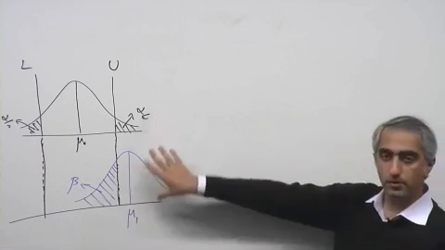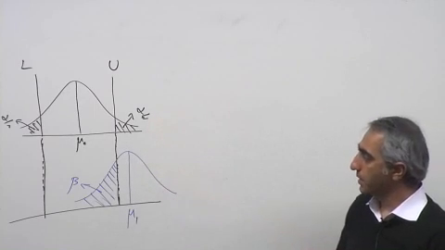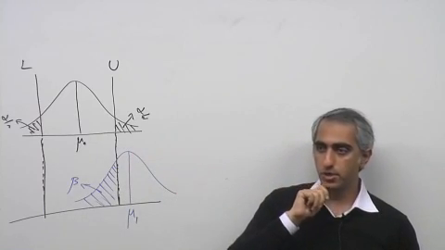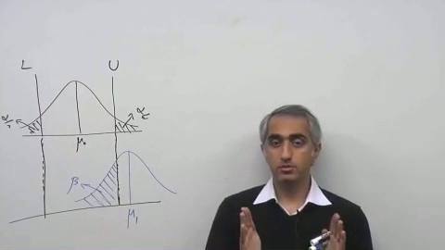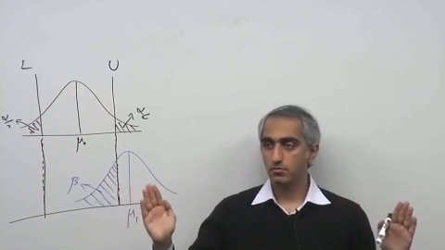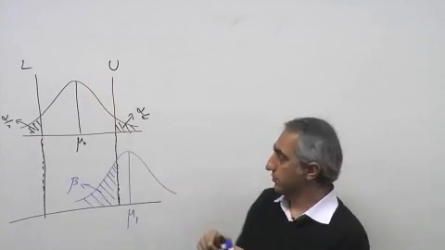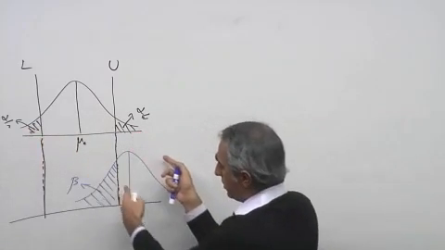Any questions so far? Is it clear? So this is alpha, this is beta. If I want to decrease alpha, what should I do? Look at L and U. In terms of L and U, we need to widen this distance. If you do that, then your alpha decreases. But look at your beta.